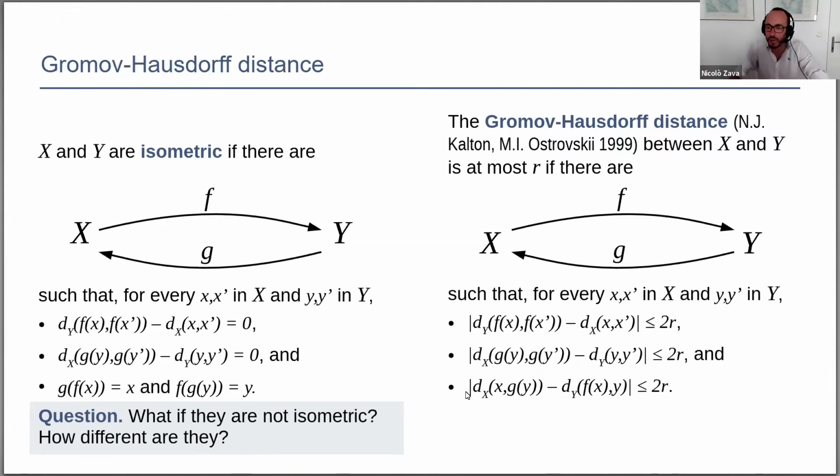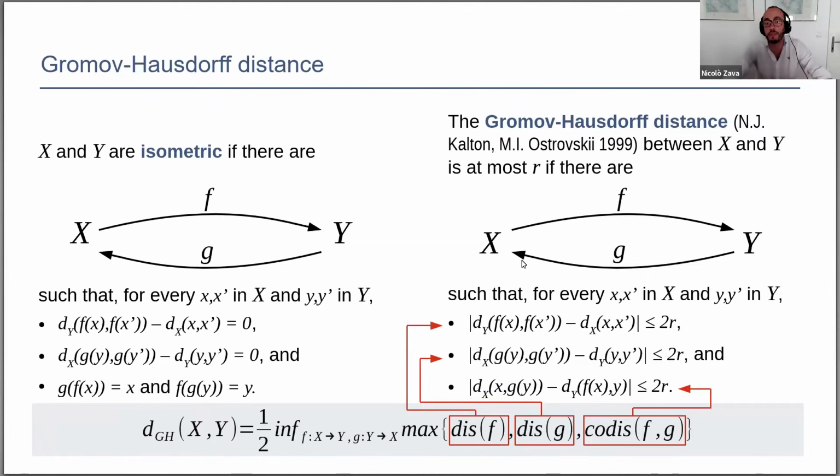Now, the third requirement is a bit technical, but you may imagine it as: going back and forth is not precisely the identity, but sort of. They are 2R far away once you go from X to Y and come back. You may not go back to the same point, but close to it. It's not precisely that, but for the sake of the presentation, that's more than enough for understanding.